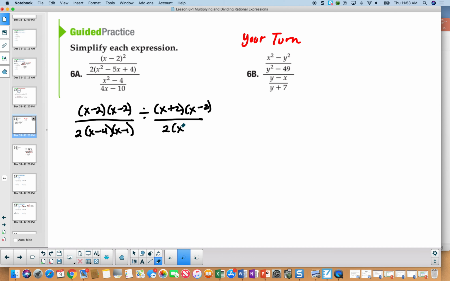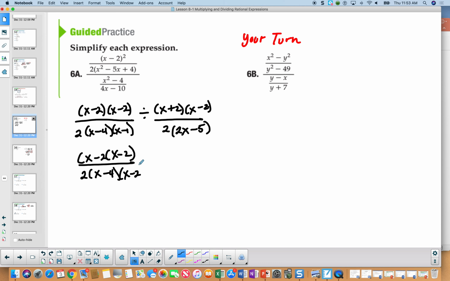times 2x minus 5. All right, now I'm going to change division into multiplying by the reciprocal. And so now I'm going to have that in my numerator, and I'm going to have that in my denominator.